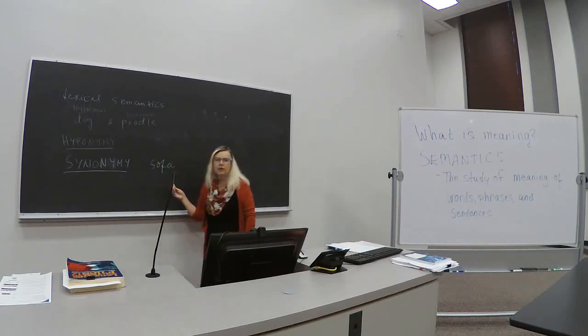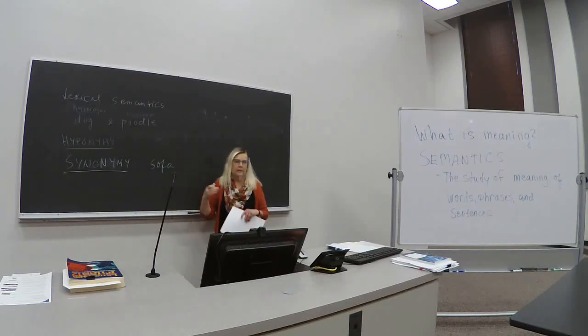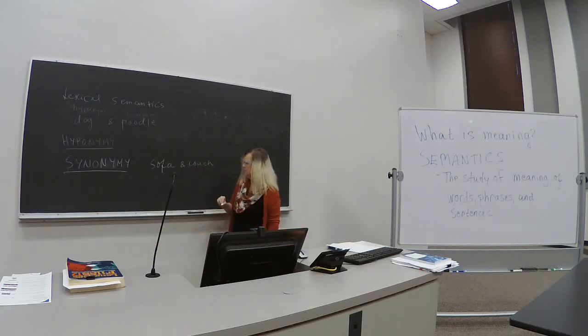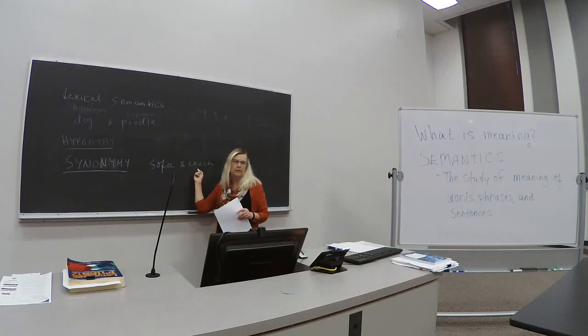you can try to define the meaning of the sofa in terms of its relationship of its synonym, which would be couch, for instance. So sofa and couch are synonyms, right? And that relationship helps to understand the meaning of both, right?